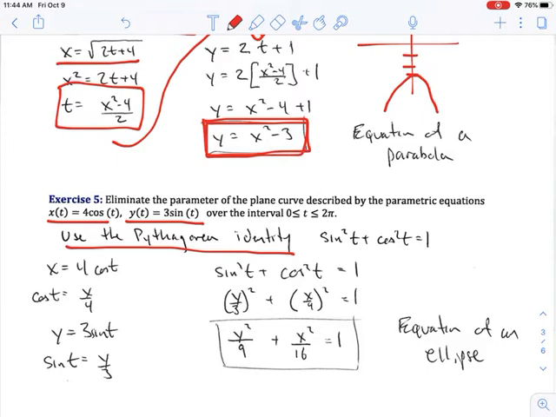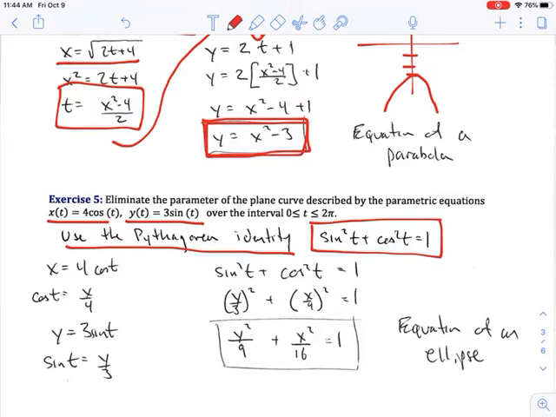The Pythagorean identity, you will recall, is the sine squared of t plus the cosine squared of t is equal to 1. And so what we want to do is take each one of these functions and solve it for sine of t, cosine of t.